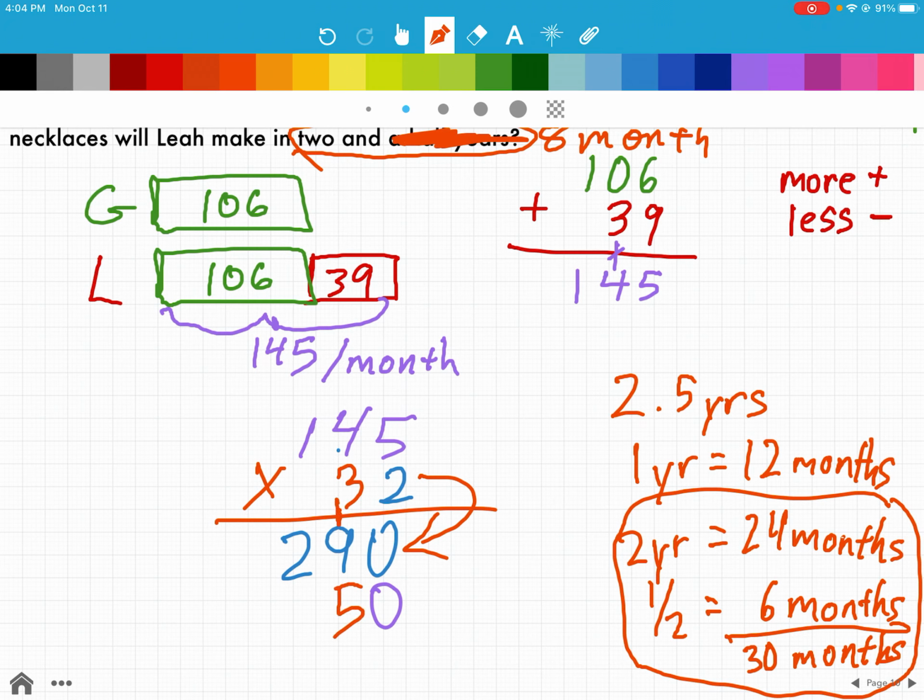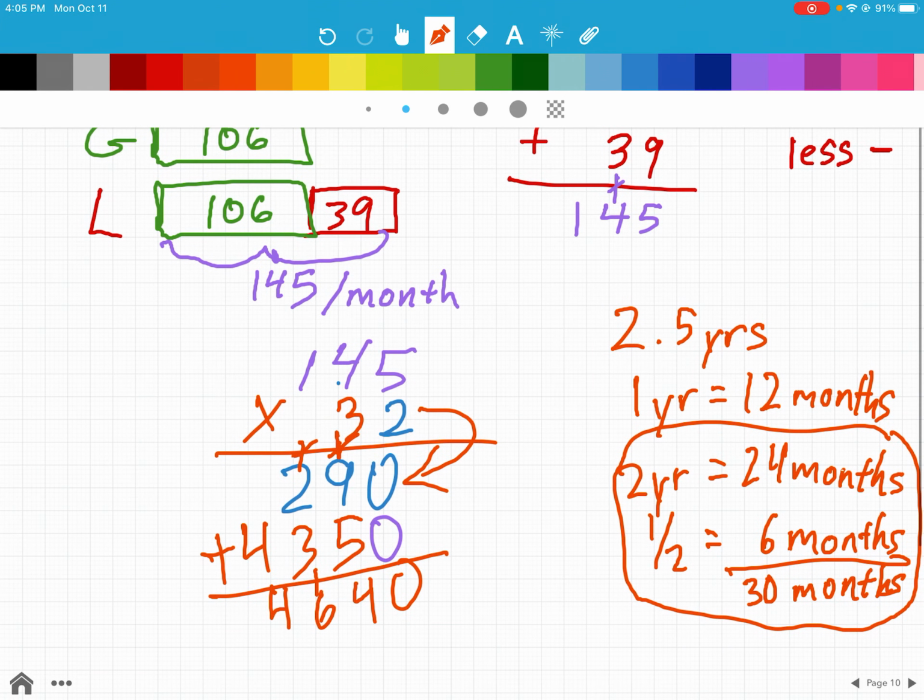Put an extra 1 right here. Then I have 3 times 4 is 12, plus 1 is 13. I have an extra 1 here. And now I have 3 times 1 is 3, plus 1 is 4. And I add that up, and I have 4,640.